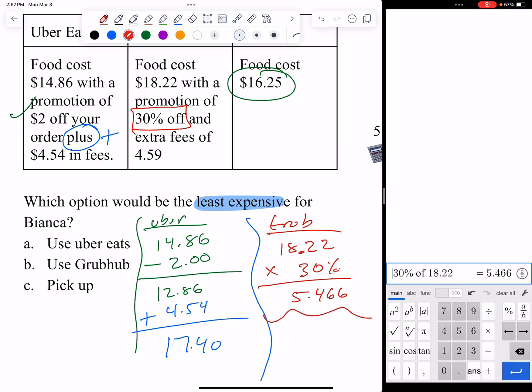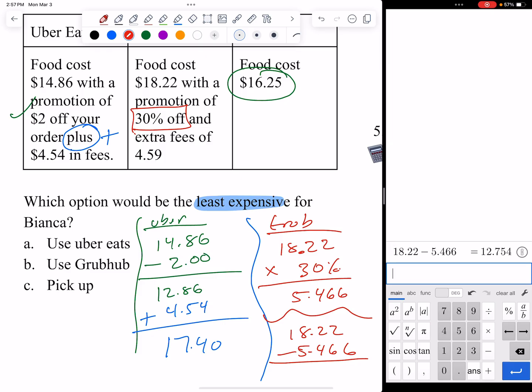So I have to go down to 18.22 minus 5.466. So now what I'm going to pay is $12.754.